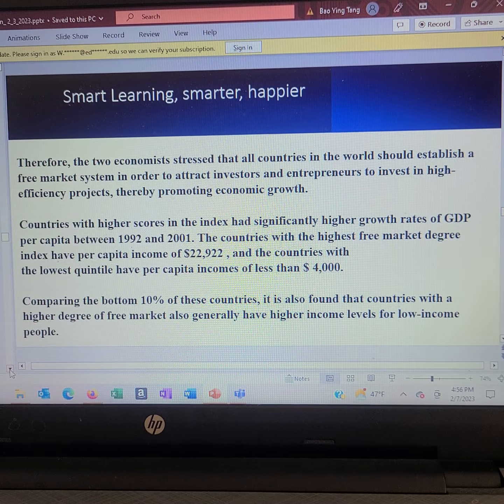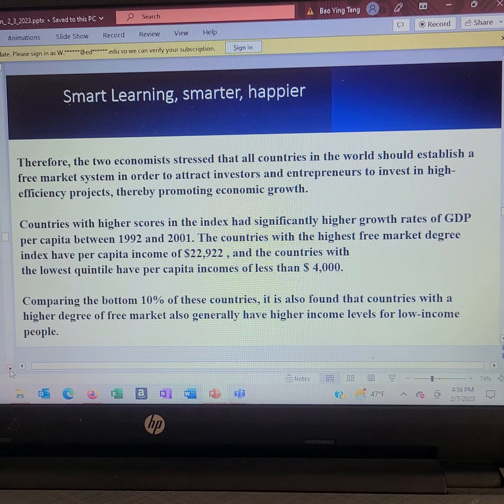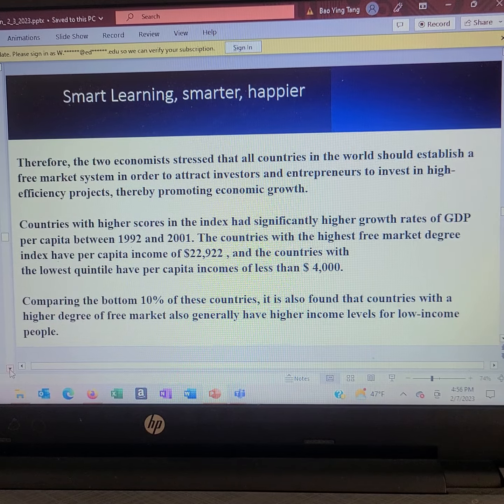Comparing the bottom 10% of these countries, it is also found that countries with a higher degree of free market also generally have a higher income level of low-income people.